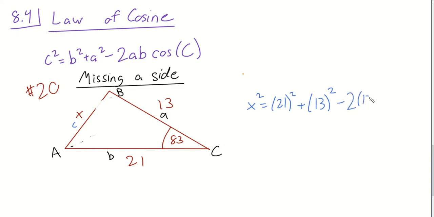A is still 13, b is still 21. We can't forget our cosine of angle C. Rodelia, what is angle C? That's side C. Yep, 83 degrees.